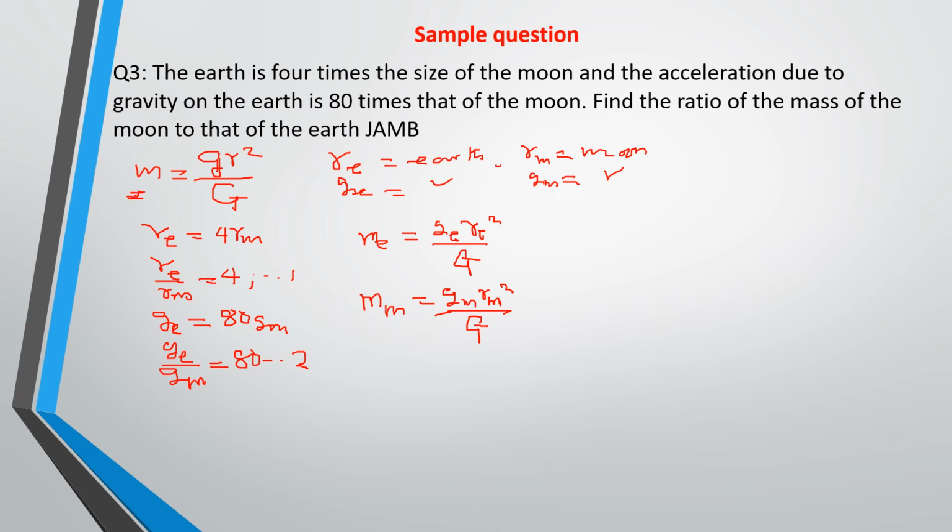Now, having written this, they said you should find the ratio of the mass of the Moon to that of the Earth. So write these two equations in the form of a ratio.